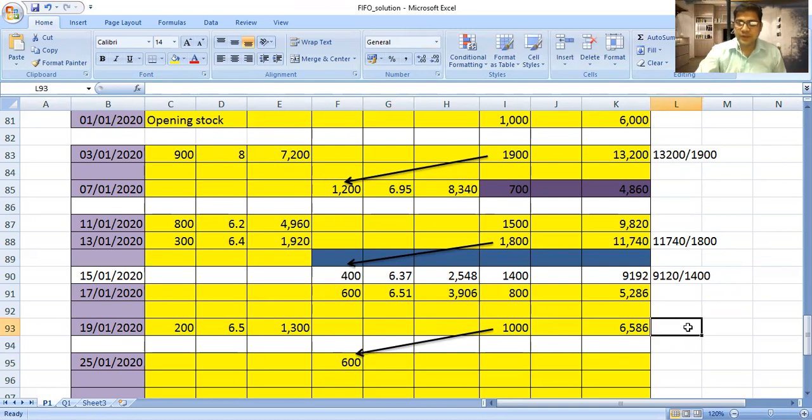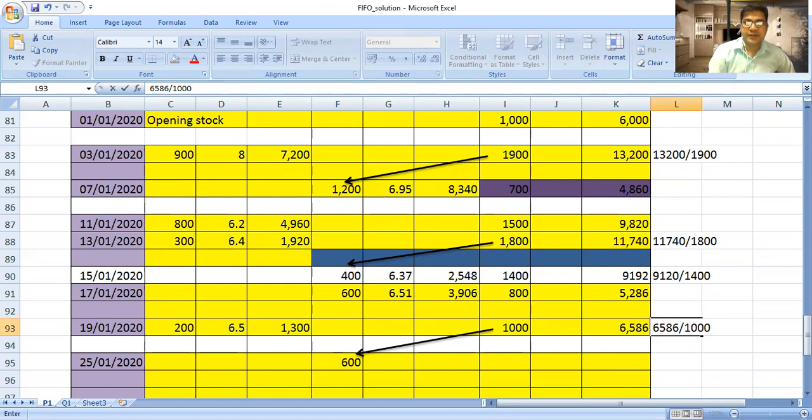How will we calculate? Previous day's total value in rupees divided by previous day's total value in units, that is 1000.